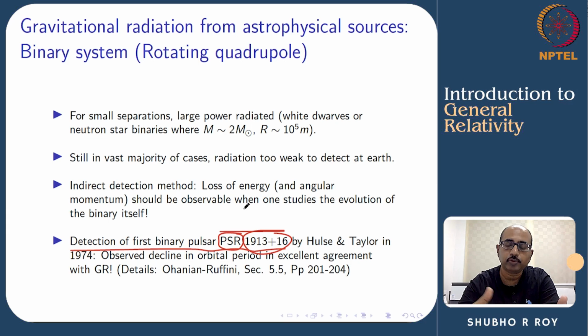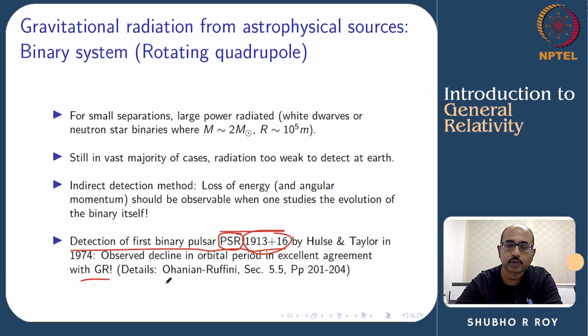So for every orbit of the system, there will be 2 pulses. And this observed decline in the orbital period was found to be in excellent agreement with the predictions from general relativity. Of course, again, I'm sparing you the details.